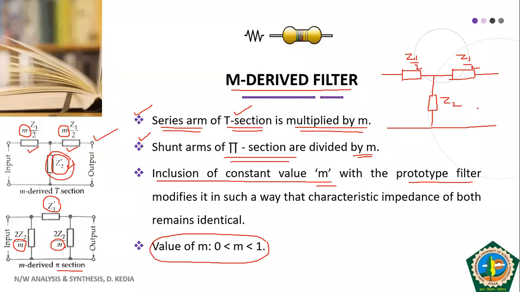If you want to convert this into M derived filter, you will multiply this with M, this with M. Now this will become Z2 dash. This value will be such that the characteristic impedance of this converted filter or M derived filter remains same as that of the original prototype filter. We will see in the coming slide how we derive this Z2 dash. Similarly, we will derive Z1 dash in your pi section. I hope this is clear to everybody.